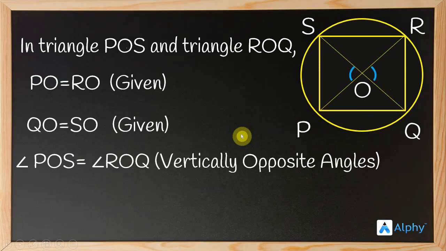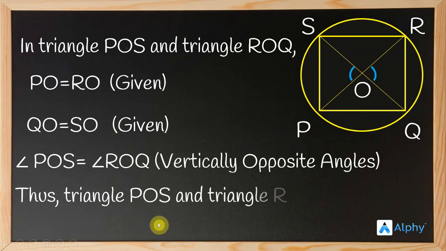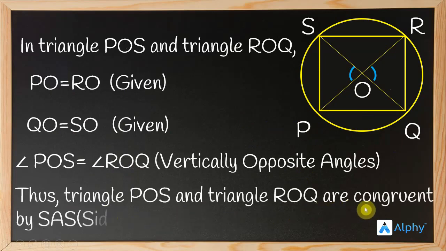So what we can derive from here is that triangle POS and triangle ROQ are congruent by side angle side. So these two triangles are congruent and we have proved it using the given premises. And let's move on and try to see if we can get anything more.